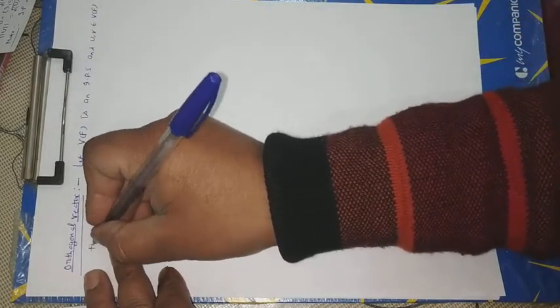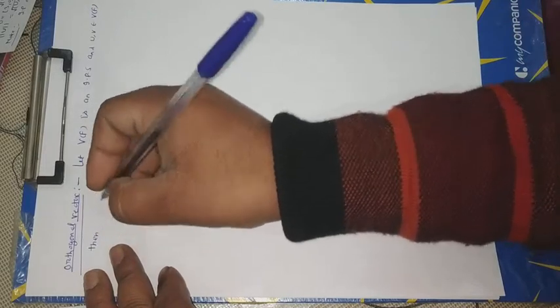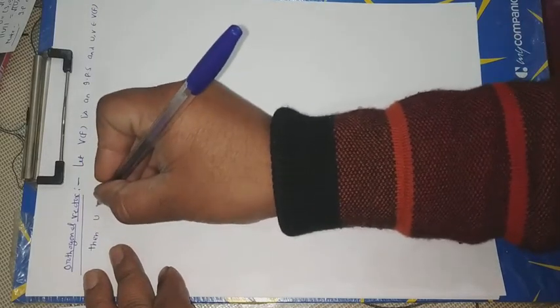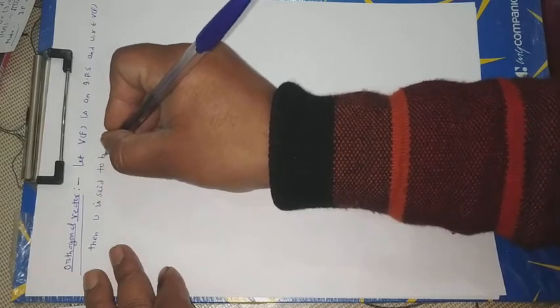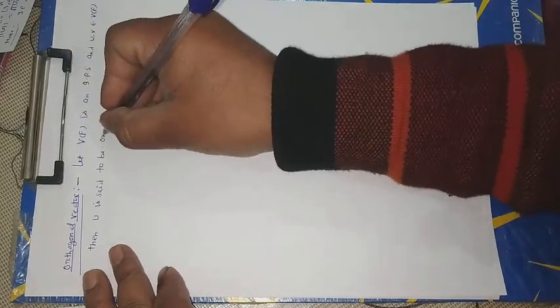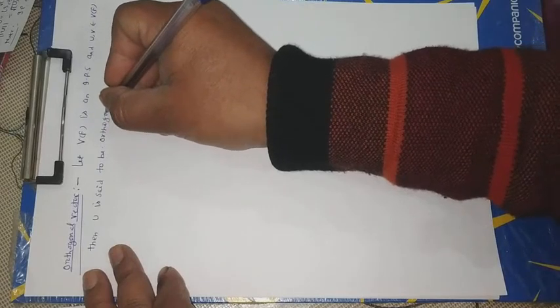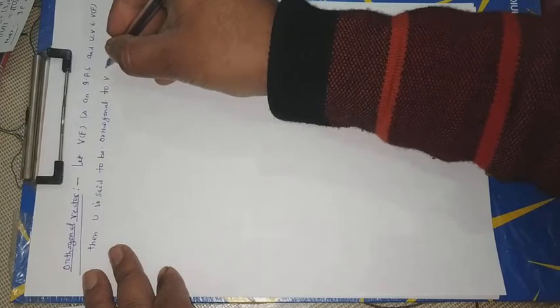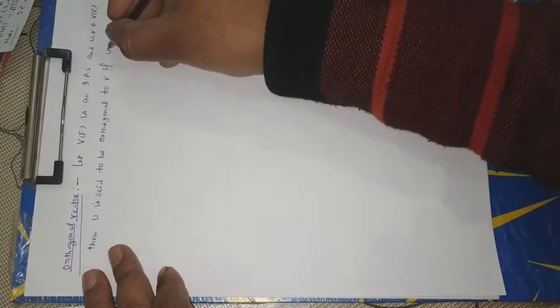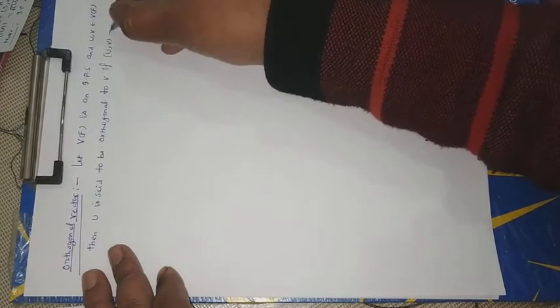Then vector U is said to be orthogonal to V if inner product of U with V is always 0.